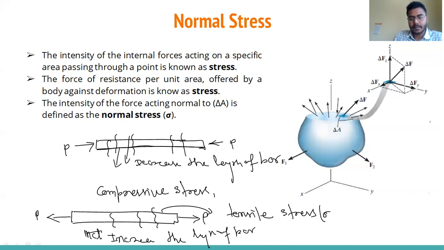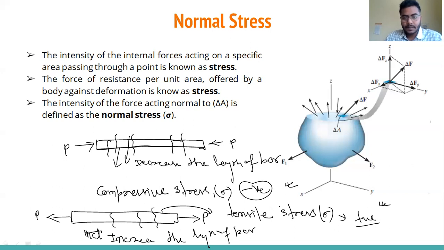The notation will be sigma only. There is a sign convention: when stresses are tensile, we take the sign as positive. When stresses are compressive in nature, we take the sign as negative. Right? So normal stresses are of two types, compressive and tensile.